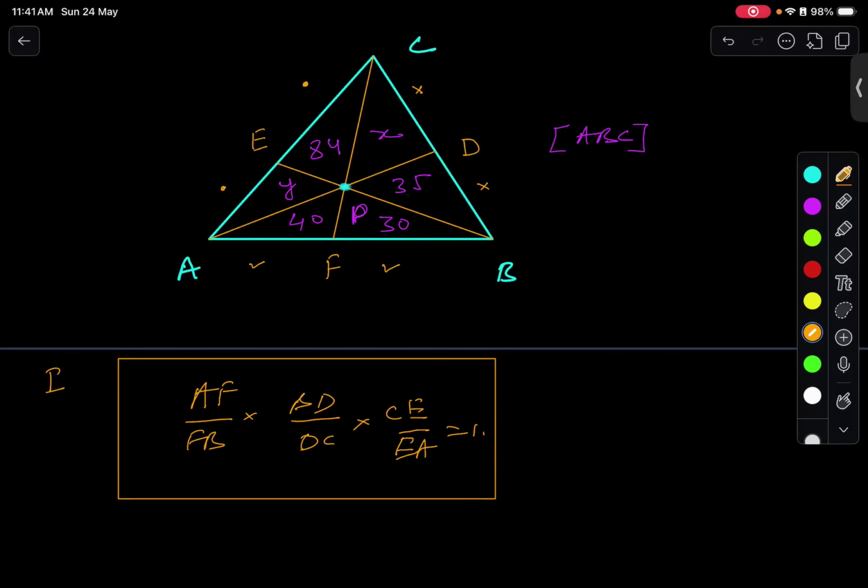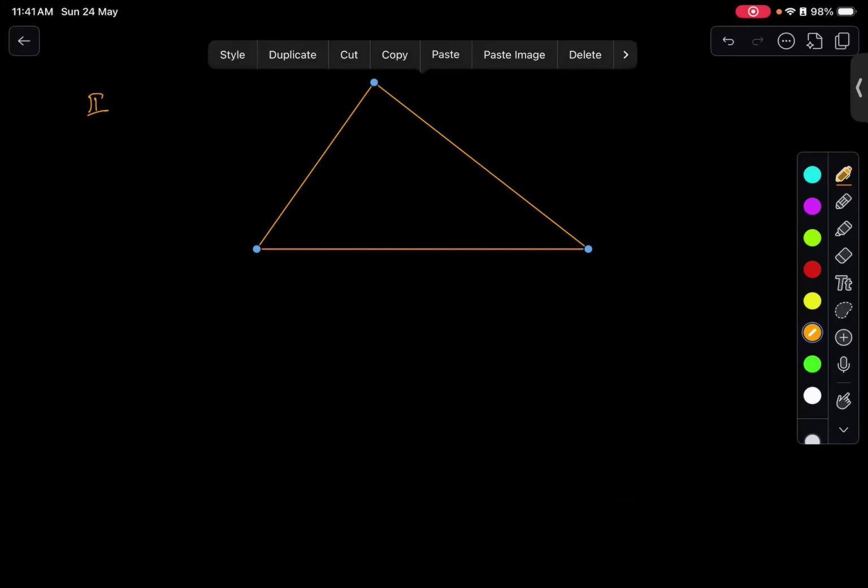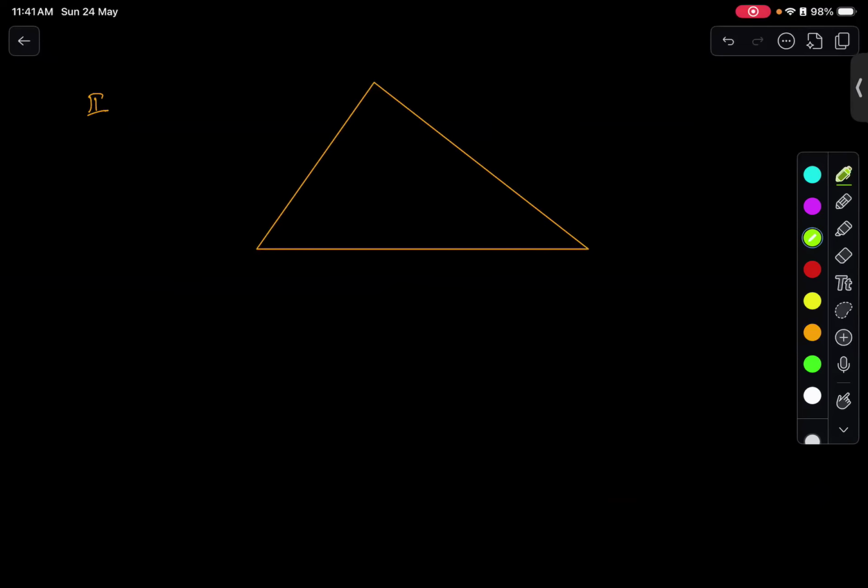Now the second thing we have already seen in the last lecture. If this line is given and one line is parallel to this one, this is ABC, both the lines are parallel.